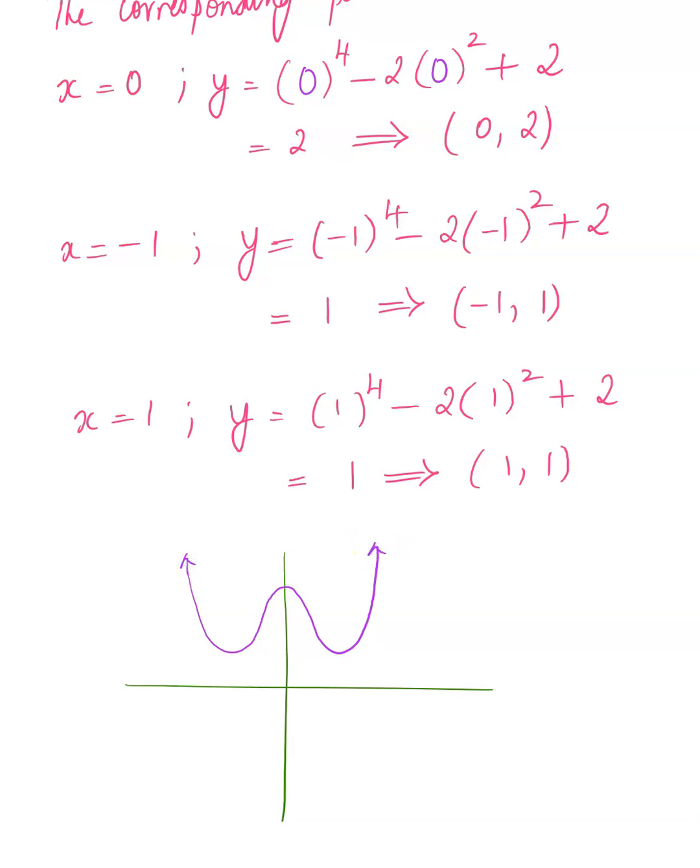So then you have a horizontal tangent at 0, 2. Then you have at negative 1, so this could be 1, this could be 2. So this could be negative 1, 0, 1. We have horizontal tangents at these points.